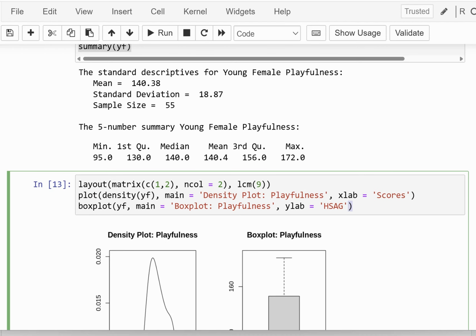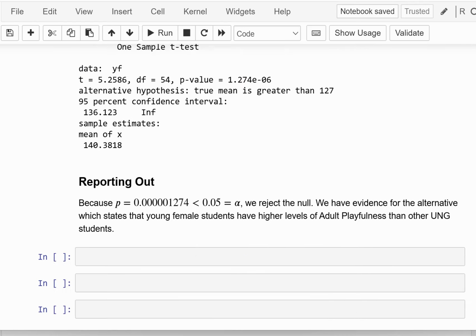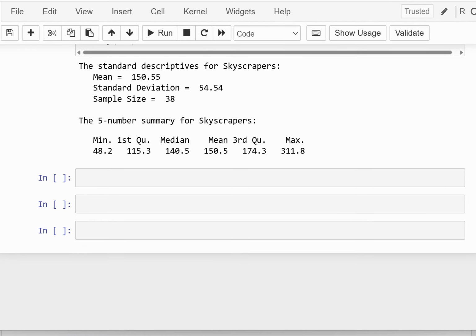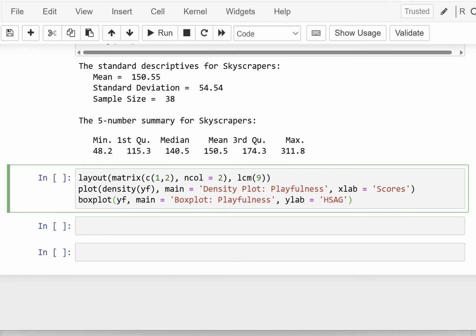We need the graphics, and these graphics are nice because they have the layout already coded in to do side by side. We're going to do density of the ATL. That's probably not perfect grammar, but I think you'll understand what I mean when I put ATL skyscrapers in, that it will help identify exactly what we're looking at.